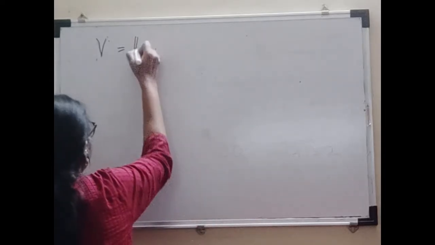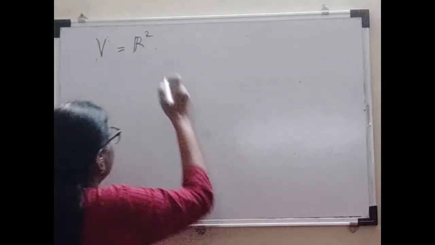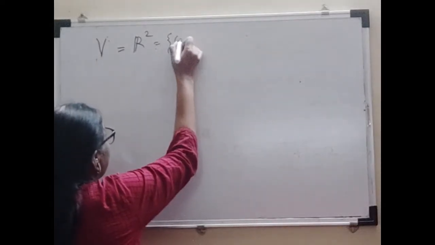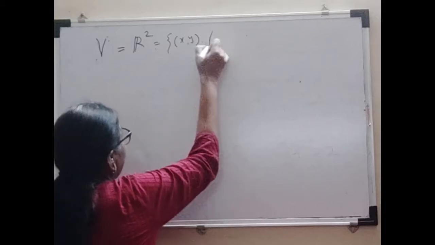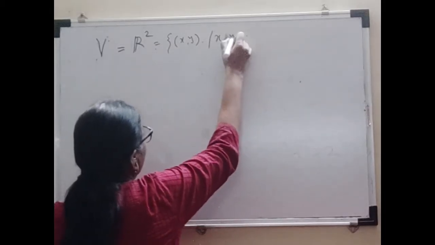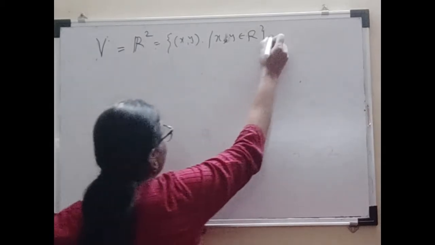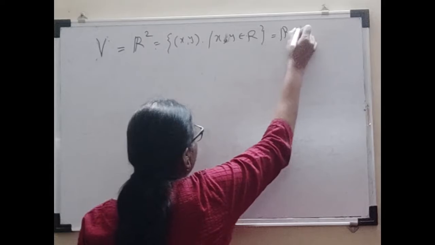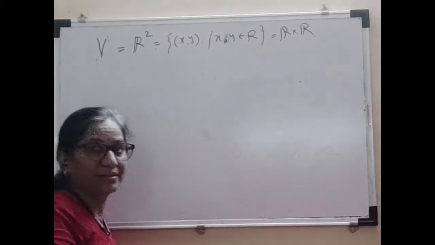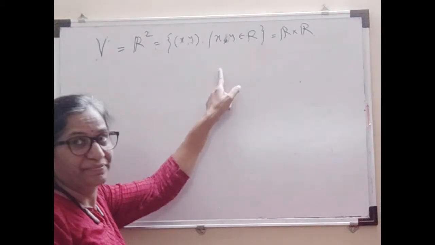We'll take another example, V is equal to R2. What are the members of R2? It contains ordered pairs (x, y) such that x and y both belong to R. This R2 is nothing but the Cartesian product R cross R, so it contains all ordered pairs.